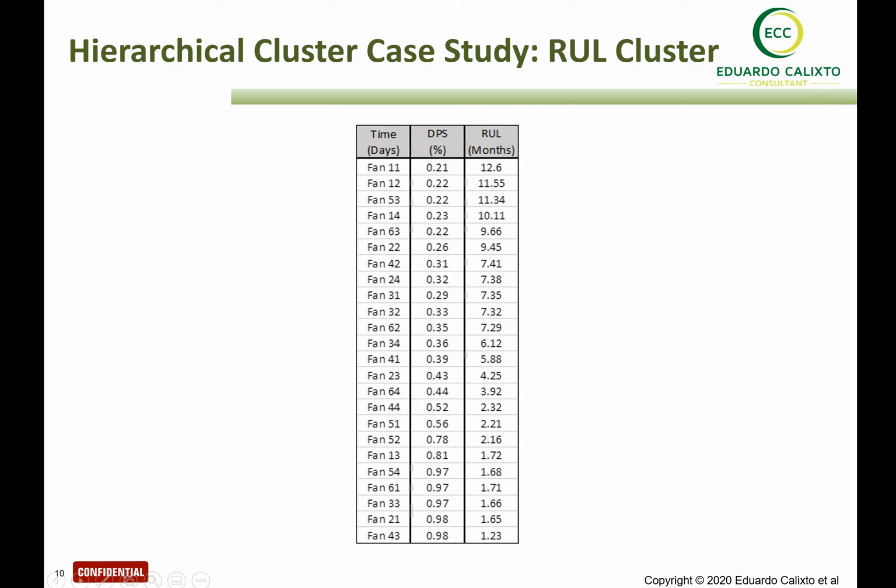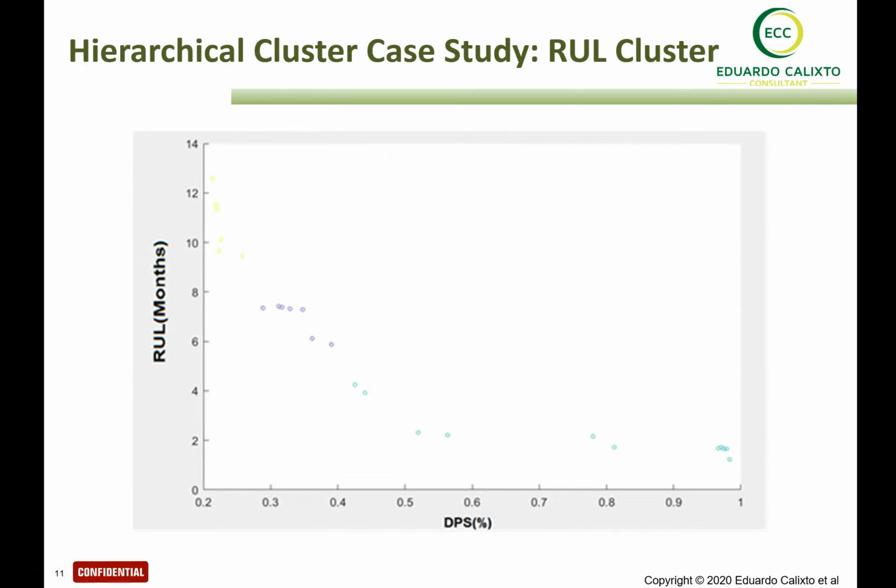The main objective now is to have an idea of which groups of fan bearings the maintenance team will work on first, given these different types of degradation progression and remaining useful life. The idea of applying the clustering is to organize the data, so we can see which data are organized by themselves.